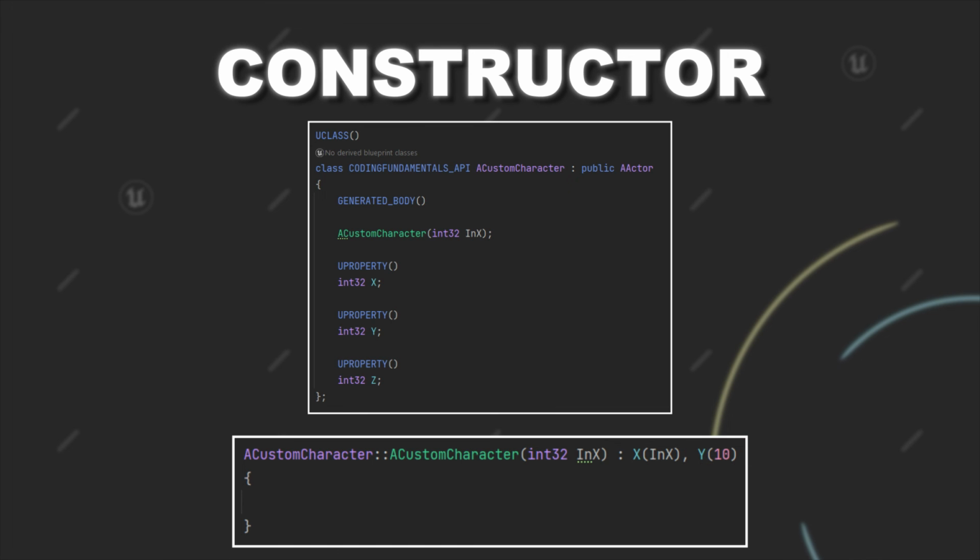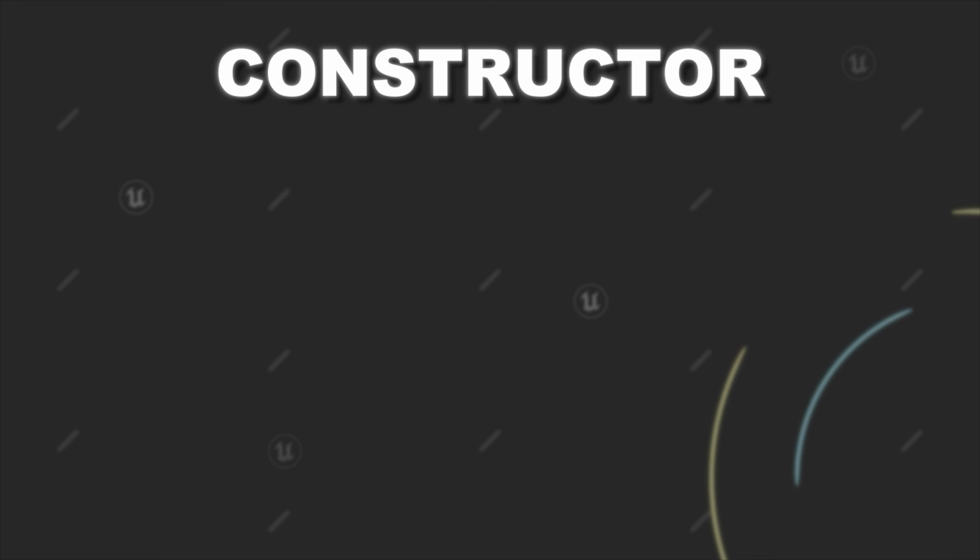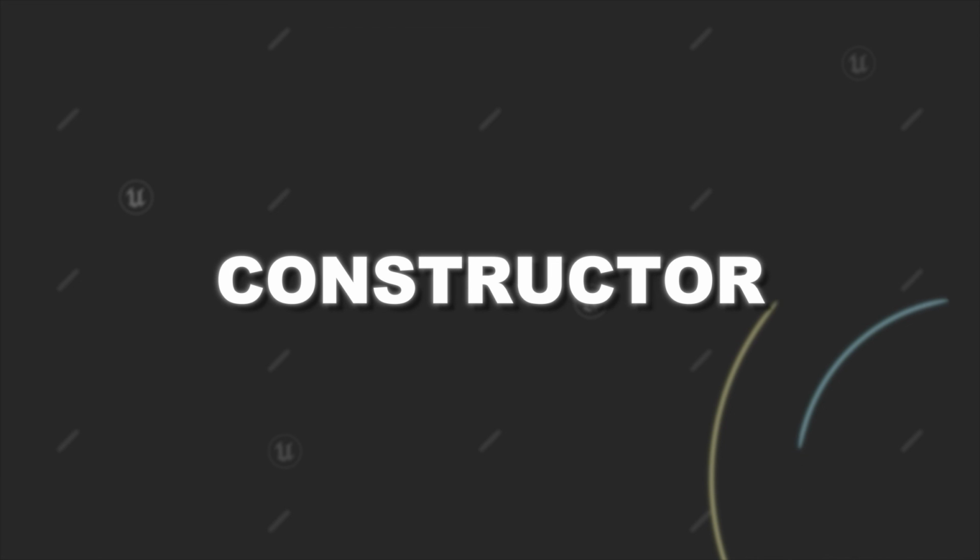Using the initializer list only makes sense for members where you don't have to do any further operations. But for those more complex initializations, you are still able to do them in the code block of the constructor.